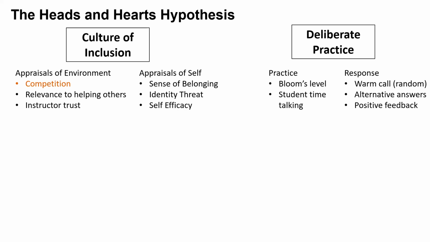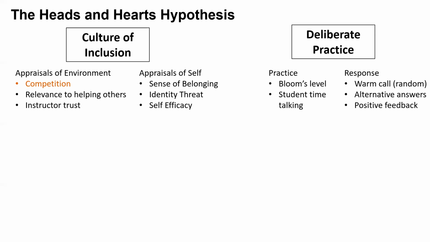So these are many of the things that we're looking at. For example, I've highlighted competition here because students at the University of Washington have a palpable feeling of competition in our classrooms. The hope is that we're able to fit a predictive model to these so that we can help instructors identify areas that they should improve now, before it's too late for their students.